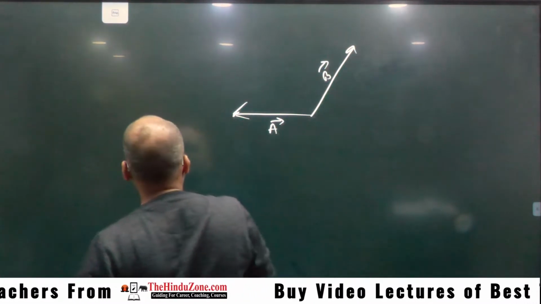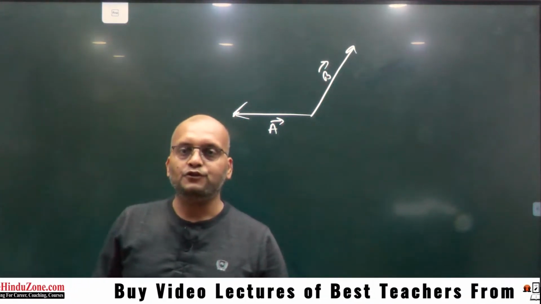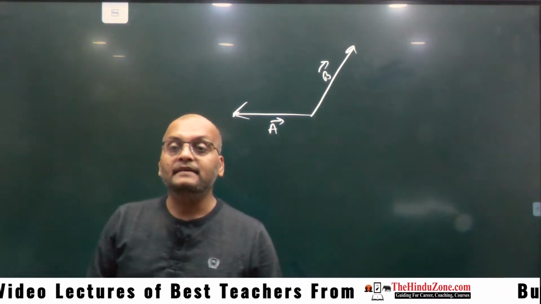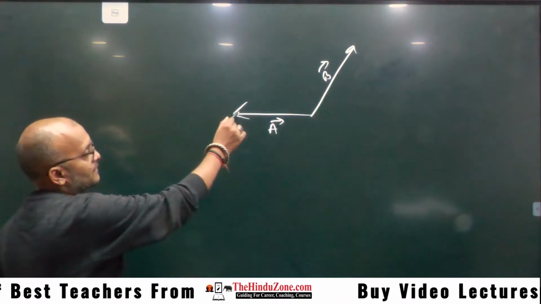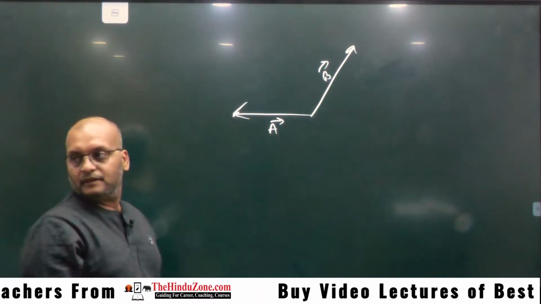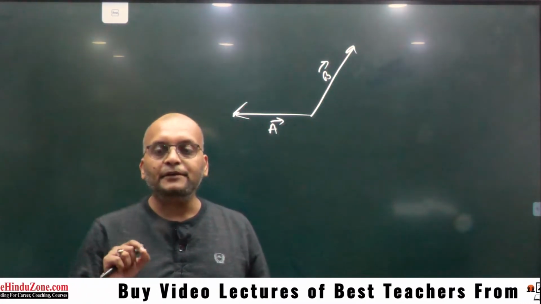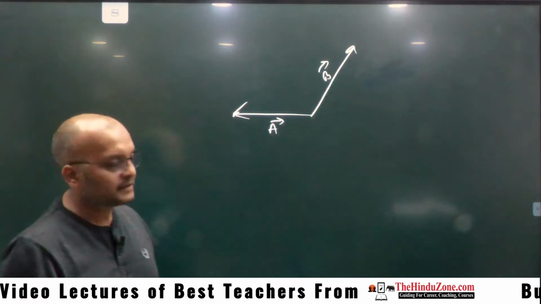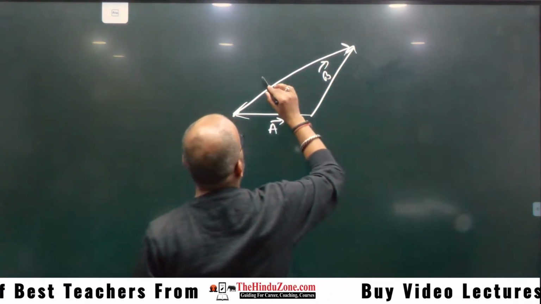So now according to triangle law, if two sides of a triangle are formed by two vectors, then the third side will be the resultant of these two vectors. So what will be the third side? This one, from A to B, and we will move from A to B, head towards B, because we are doing A plus B. So this will be the resultant.